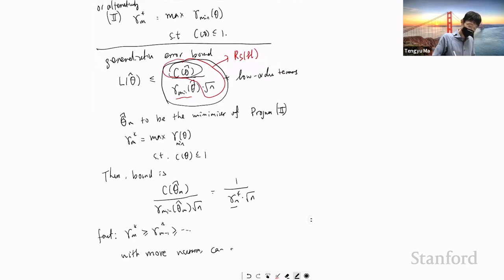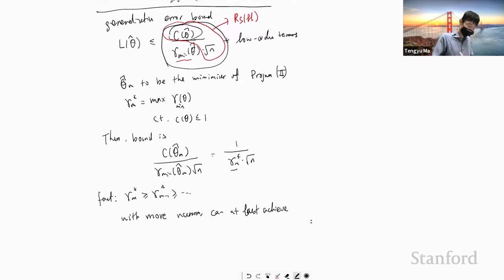You can at least achieve the same margin by just adding a dummy neuron, exactly the same argument as I had. Because you just add a dummy neuron and it doesn't change the functionality, the complexity, or the margin. Everything is the same.